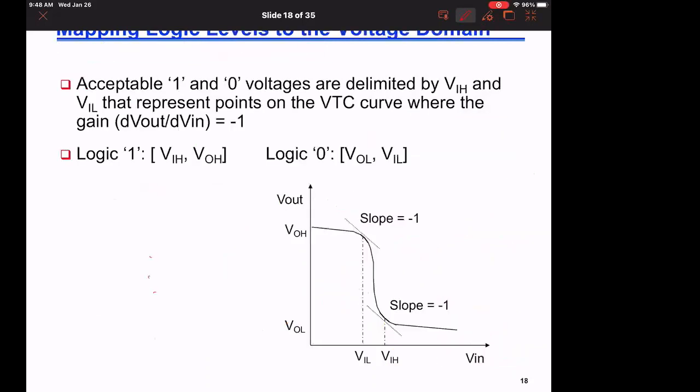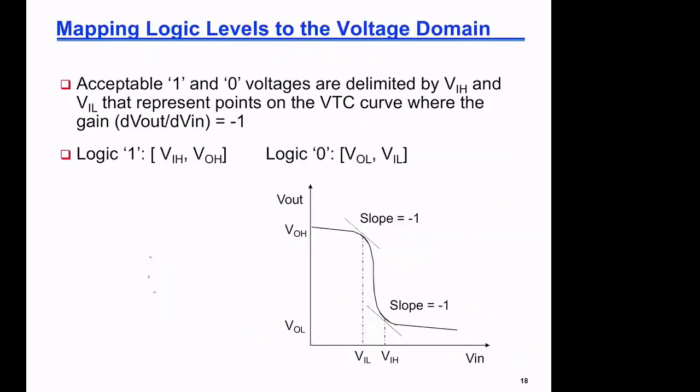Let us jump to the second slide to start to look at mapping the logic levels to the voltage domain. Okay, can I operate in all of this range robustly? No. So in order to be able to operate robustly, we define acceptable regions, acceptable 1 and acceptable 0 voltages.